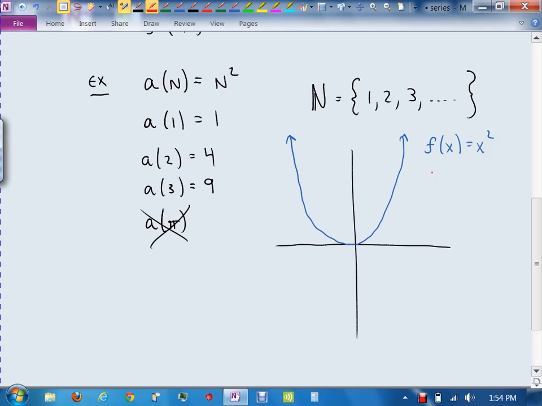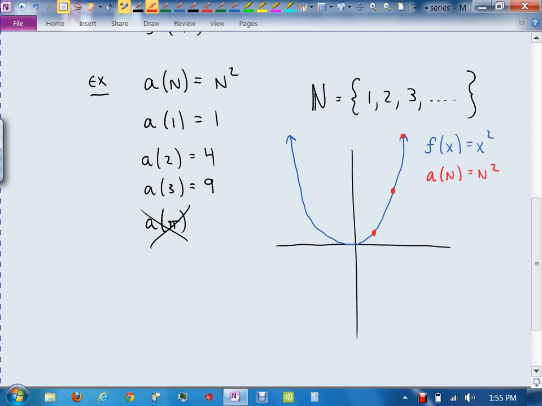Then a of n equals n squared would just be what? 1, 1, 2, 4, right? 3, 9. It would just be picking points off instead. That's a sequence. A function going from the natural numbers into the real numbers.